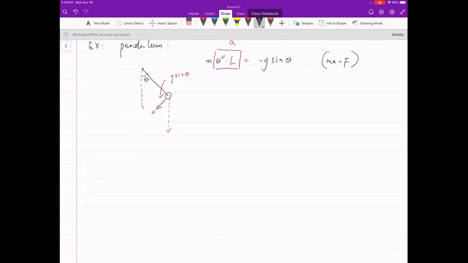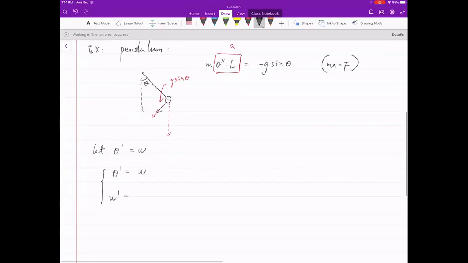Now use our old trick. Let theta prime equal omega. Then what we have is theta prime equals omega, and omega prime, there's an m here, and we better just delete this m once you finish.